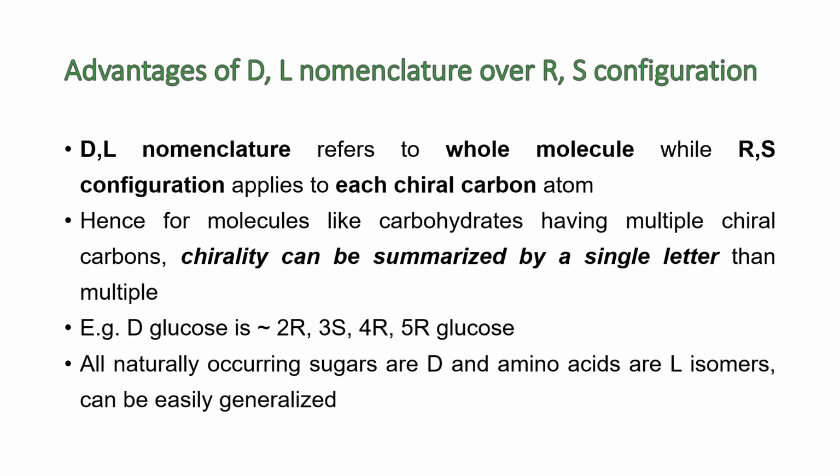That will be difficult. That is why in case of sugars and amino acids, though this nomenclature is very old, it is still preferred, because they contain more chiral atoms, and they have some common things in them which can be easily generalized.